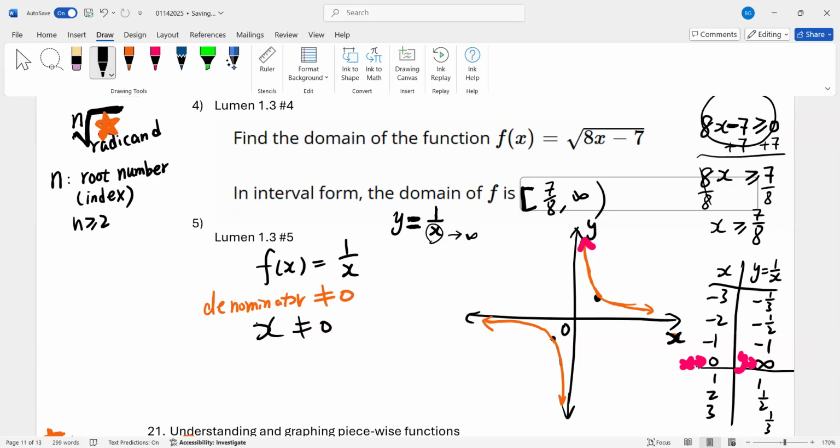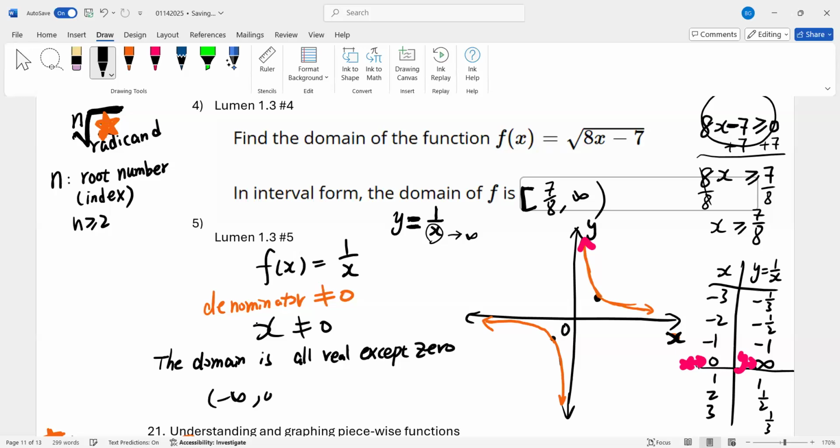As long as x is not 0, it could be a value in the domain. So the domain is all real numbers except 0. How do we use interval notation to represent all real numbers except 0?